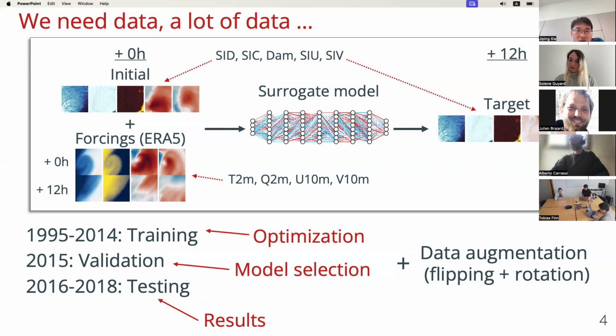And have you tried using the high frequency forcing from ERA5, or just the 12-hourly forcing? I selected this forcing specifically because the special thing about the 2 meter temperature, humidity, and the 10 meter wind speeds every 12 hours is that this data would also be available for the CMIP models. This means that if one would want to apply this for climate projections, it can be more or less directly applied.